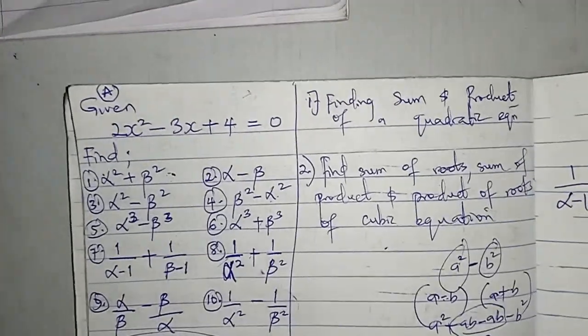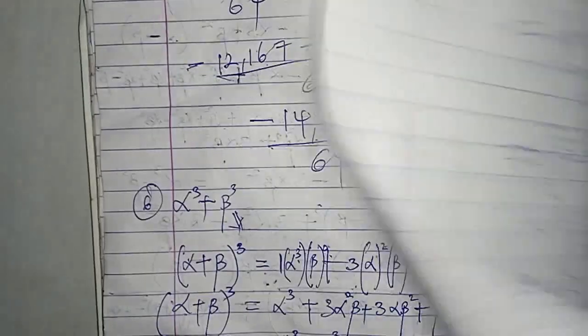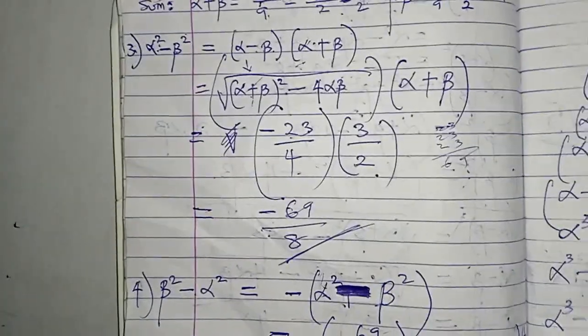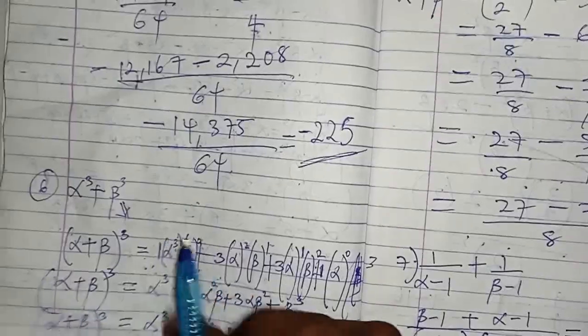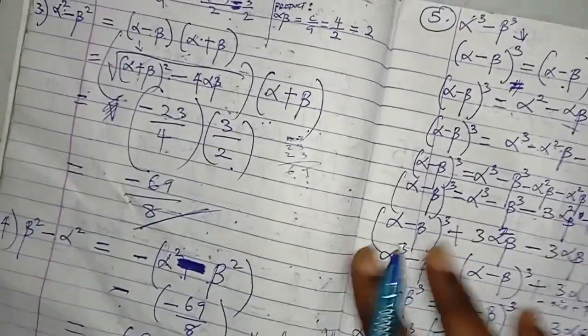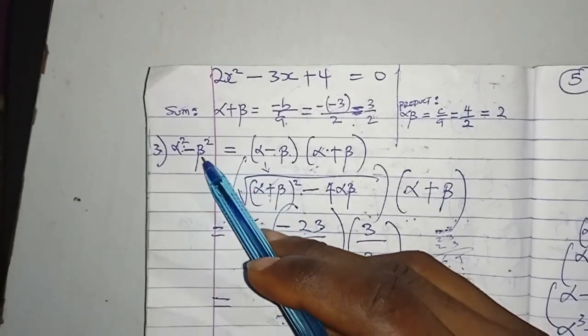What did we get alpha square minus beta square to be? For this equation, what did we get? Alpha square minus beta square.